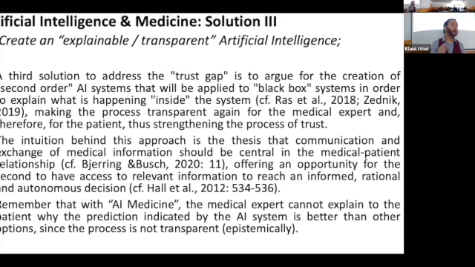The intuition behind this idea is that communication and exchange of medical information should be central to the doctor-patient relationship. And remember that with AI medicine, the medical expert cannot fully explain, at least, why a specific prediction by an AI model was made.